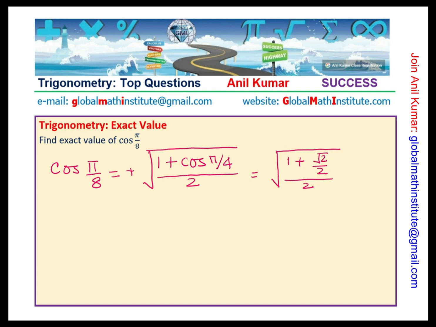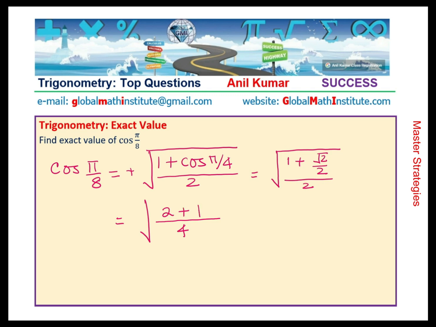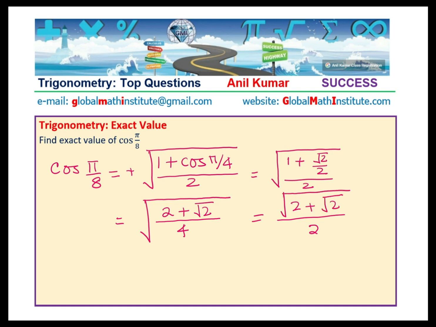Taking 2 as a common denominator, we can write this as 2 plus square root 2 over 4. And square root of 4 is, as you know, 2. So we get the answer, which is square root of 2 plus square root 2, over 2. So that becomes the exact value of cos pi by 8.